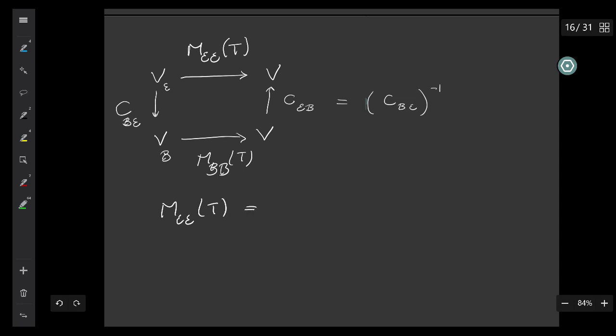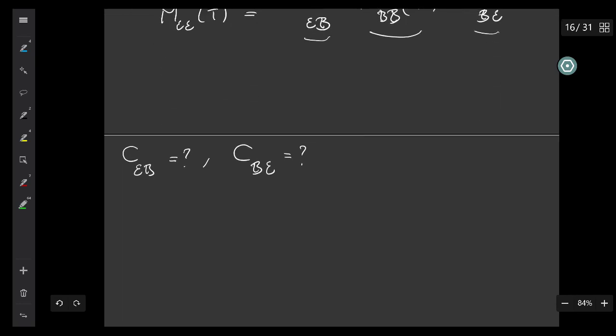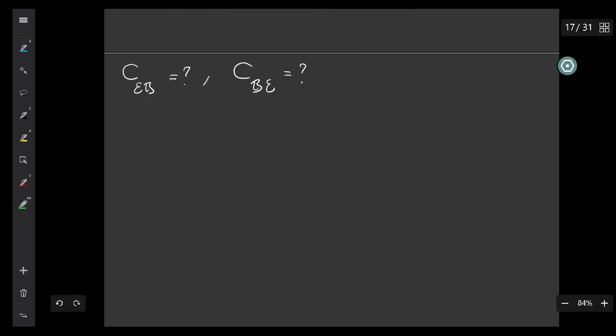Okay. Now we can just write from the commutative diagram. We start from E, and then we end up in E as well, and this is the case. So because we have this matrix, if we calculate CEB and CBE, then we are done. Okay, what's CEB?